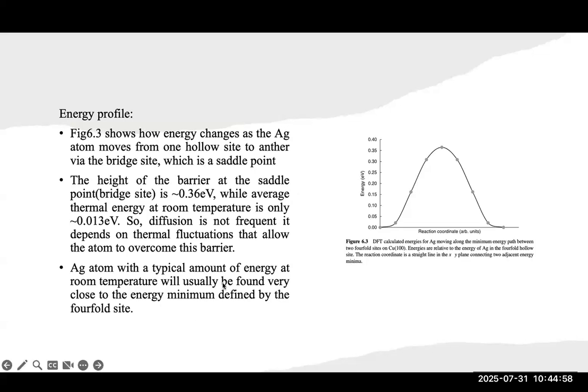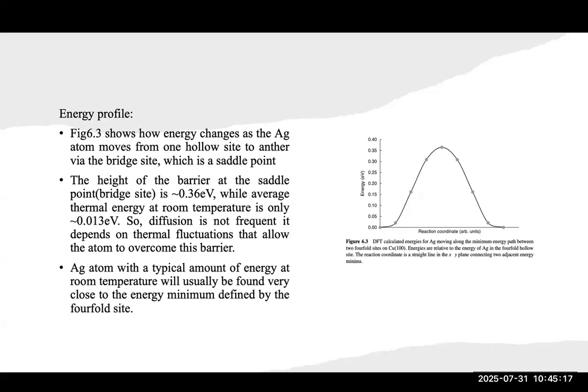Here we can see the height of the barrier at the saddle point is around 0.36 electron volt, while the average thermal energy at room temperature is only around 0.013 electron volt.